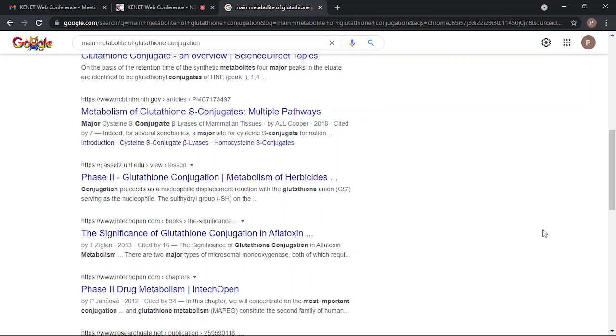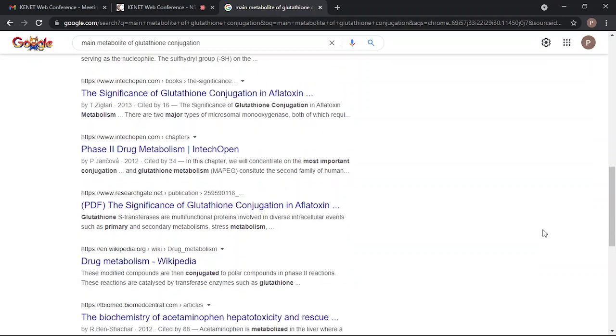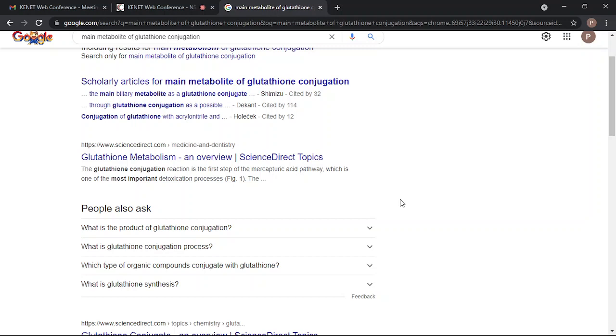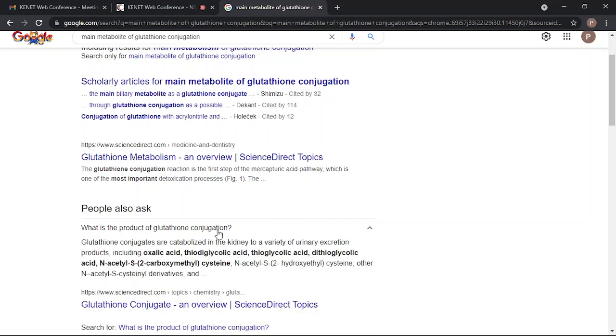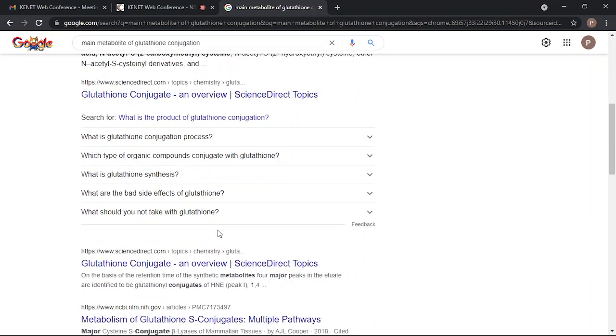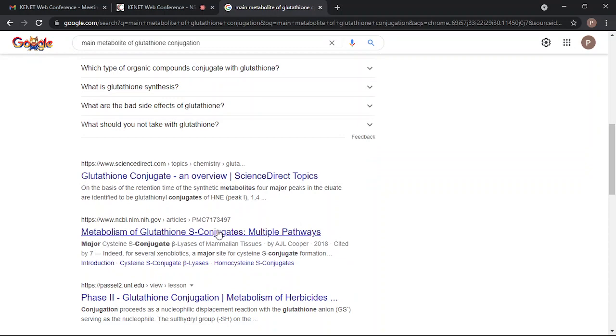So if this does not happen, and this can fail to happen if you do not have enough glutathione, you might have low levels of glutathione because you are malnourished, because you can see these are amino acids. You can also have low levels of glutathione if you are using certain drugs, or using alcohol on a chronic basis.